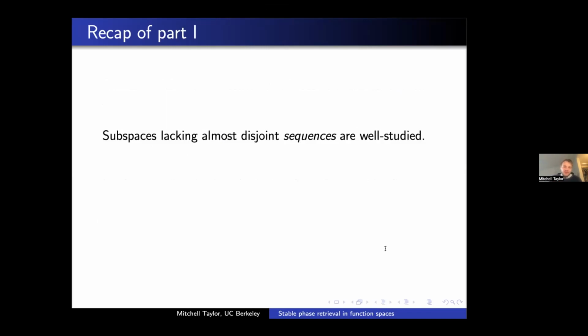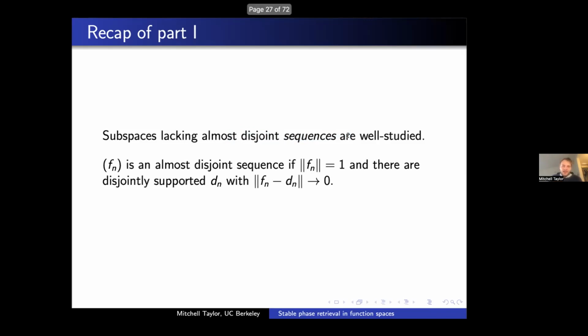Stable phase retrieval in the real case is about not having disjoint vectors in your span. And I guess very lucky for us, coming from Banach lattice theory, the study of subspaces lacking almost disjoint sequences is very classical. I'll again remind you what an almost disjoint sequence is, just because I'm omitting the word normalized when I shouldn't.